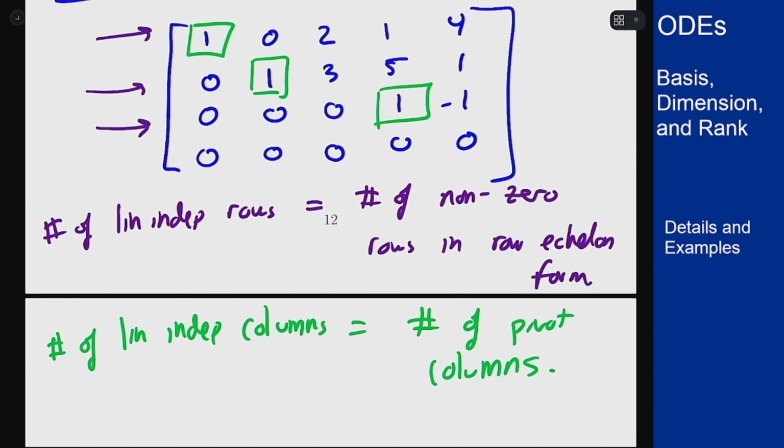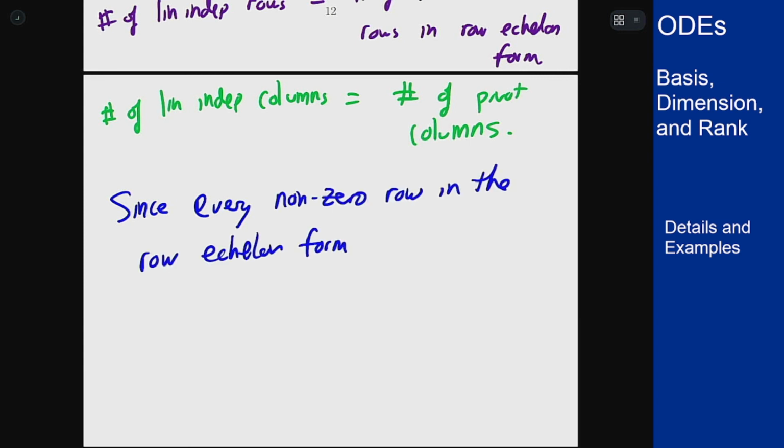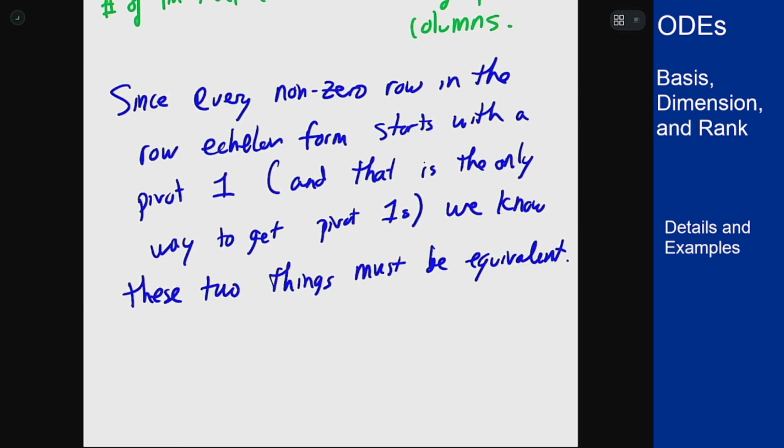But since every non-zero row in the echelon form has a single pivot 1 in the front of it, the number of non-zero rows must be the same as the number of pivot columns. Since every non-zero row in the echelon form starts with a pivot 1, and that's the only way to get any pivot 1s, we know these two things must be equivalent. So we can find the rank just by taking the matrix and row reducing it, and then counting how many pivot columns we have. That will give us the same value as the number of independent rows, and any other way we would want to compute it.